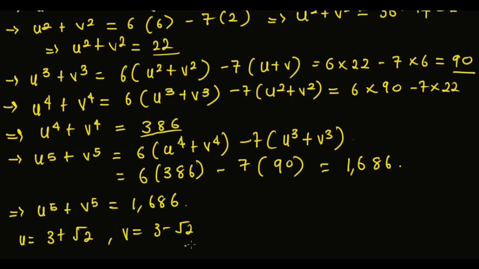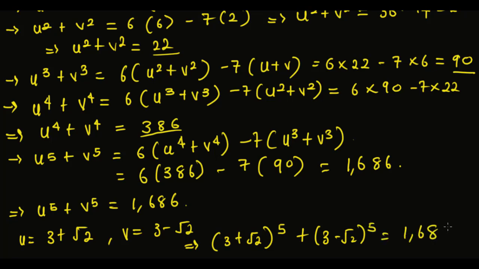So this implies that 3 plus root 2 raised power 5 plus 3 minus root 2 raised power 5 is equal to 1686. So you can see that we didn't actually have to expand anything. We just needed to find out what the quadratic equation was, then use it to manipulate how to find u raised power 5 plus v raised power 5. So that is how you find the answer to this question.